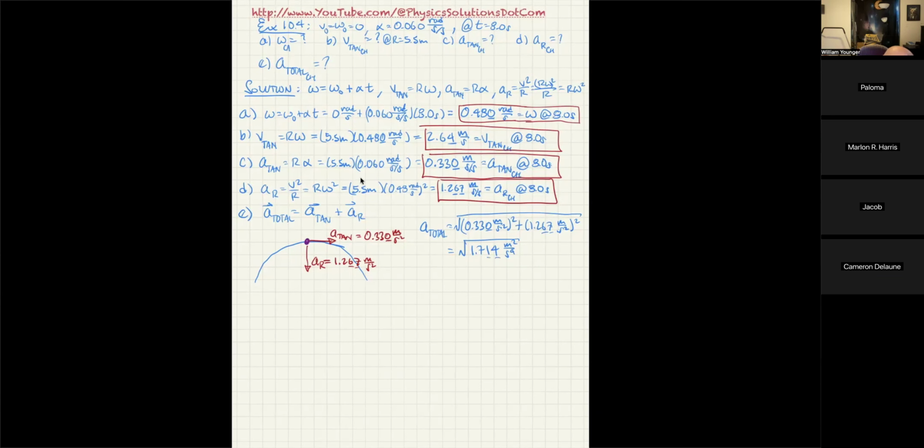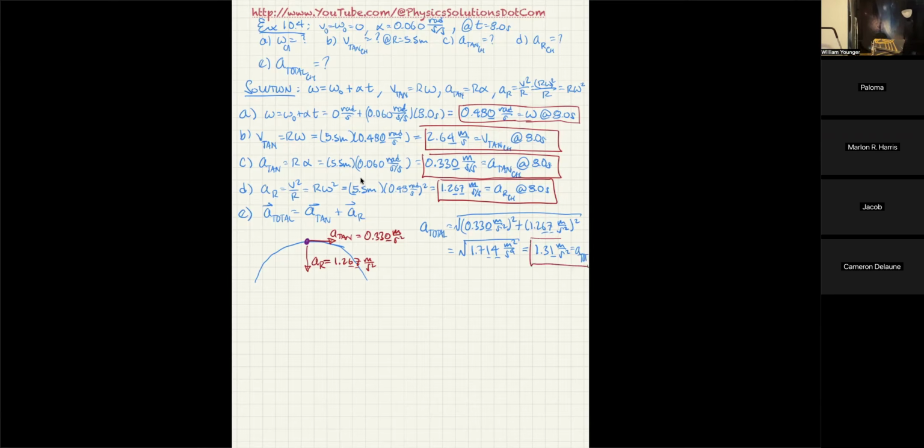So we now still have only two sig figs. Now I'm going to take the square root of that by raising it to the 0.5 power, and that gives me 1.31, with one extra digit of course, 1.31 meters per second squared is equal to A total. So I can circle that off.